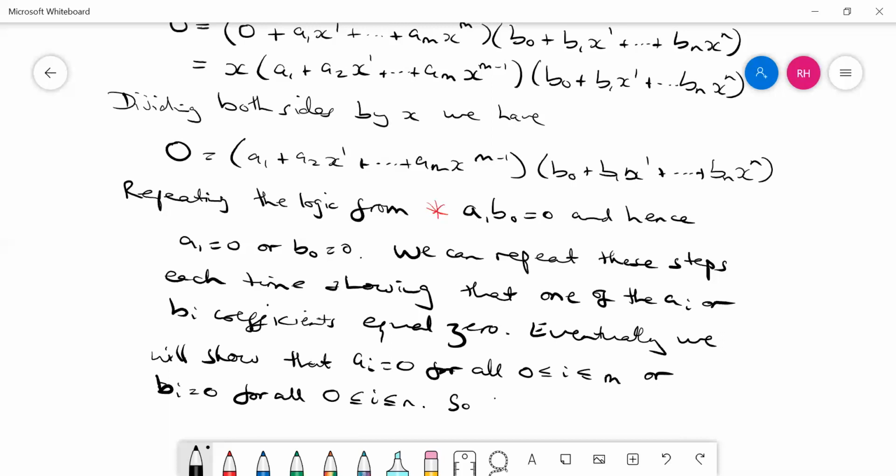So then either f(x) equals 0 or g(x) equals 0.